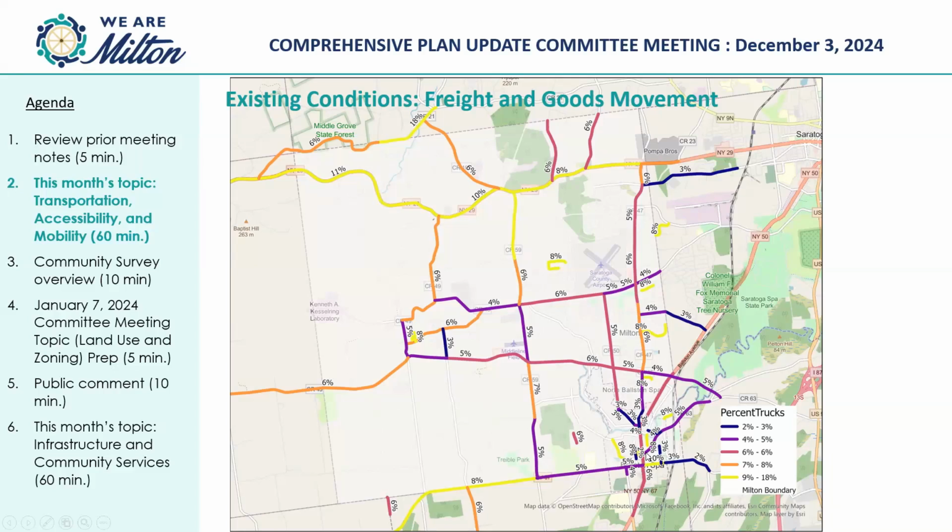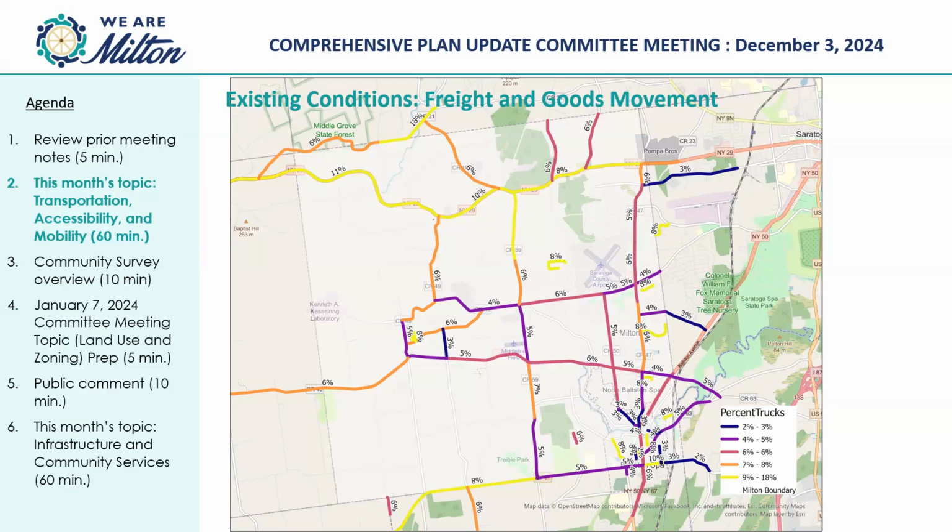I don't know, does it extend all the way through Milton into Saratoga, or does it stop at the village? No, it connects back up into 87, the Wilton and up there.